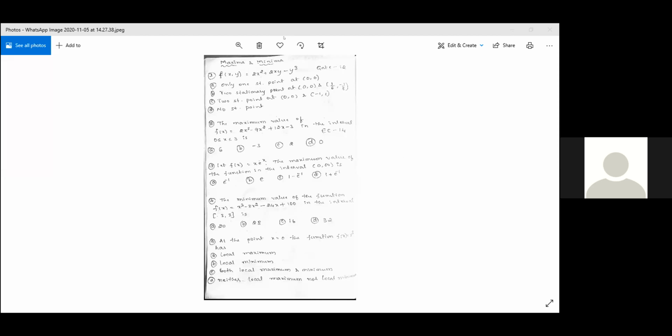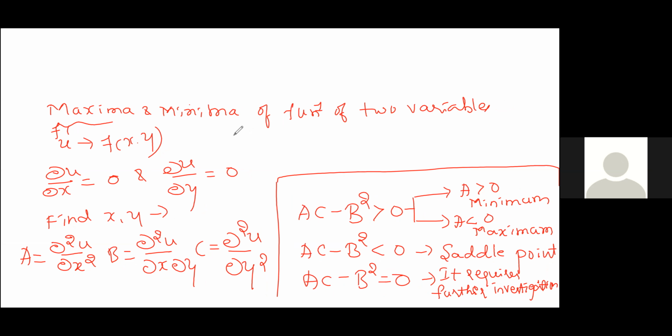Anybody got the answer? Just note down the function, f of xy equals 2x square plus 2xy minus y cube.